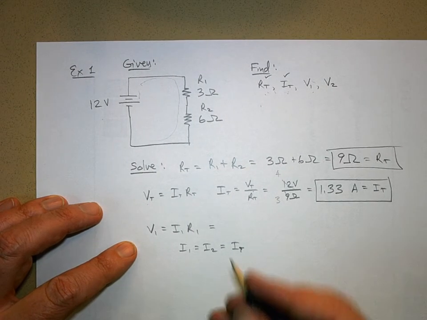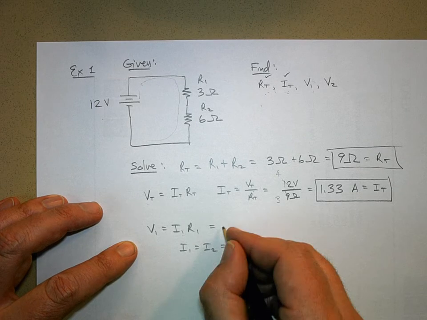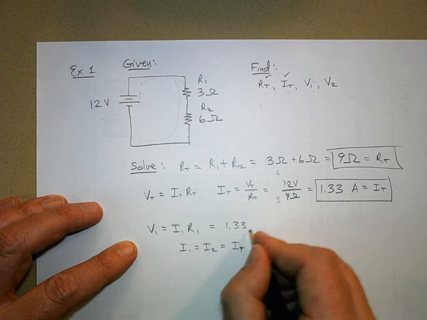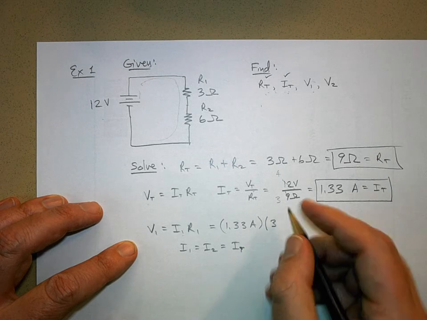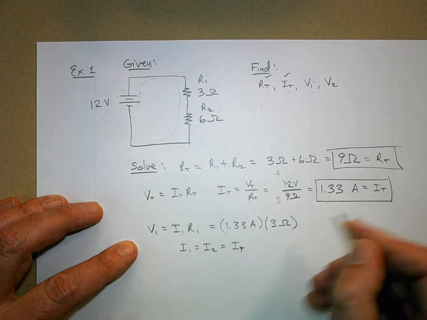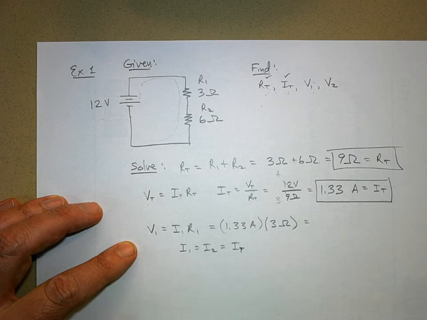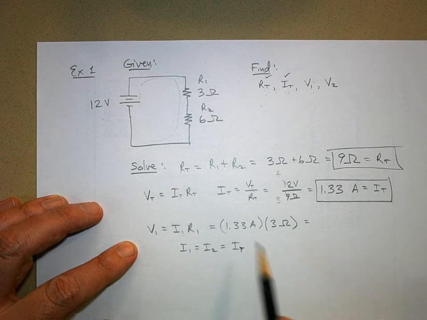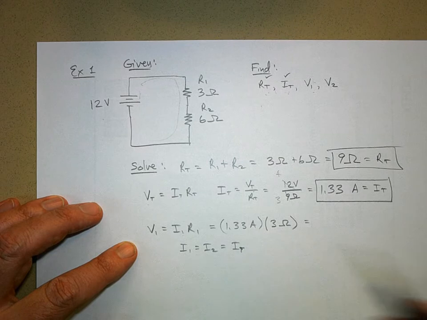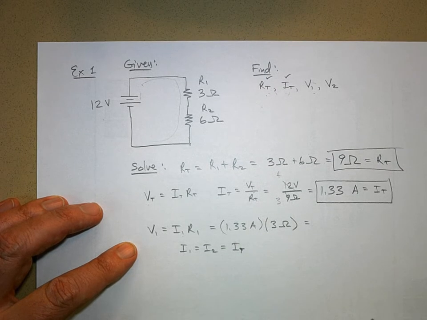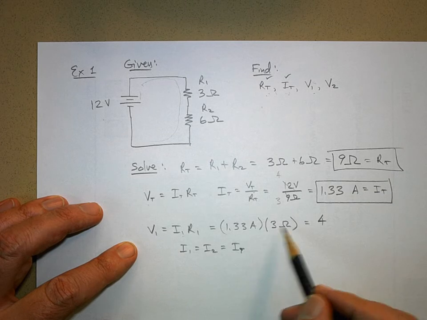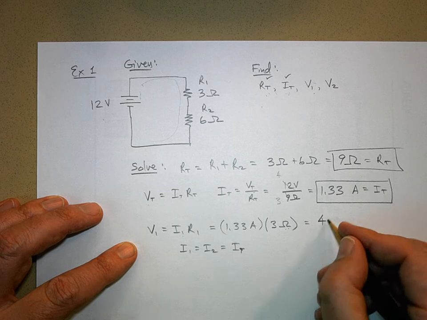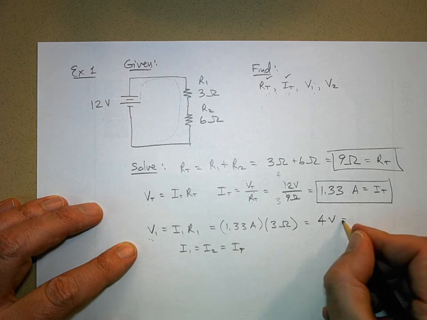And so now you can just say, okay, that's 1.33 amps times 3 ohms. And what do you get? 1 1/3 times 3 is 4, I do believe. Four what? Well, what is an ohm? An ohm is a volt per amp. So the amps cancel, leaving volts. V is measured in volts, 4 volts.